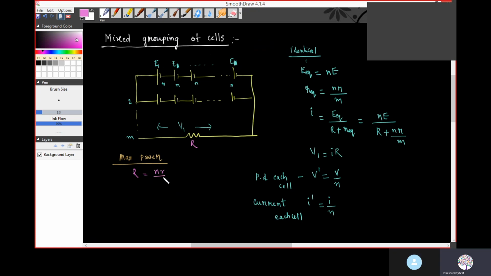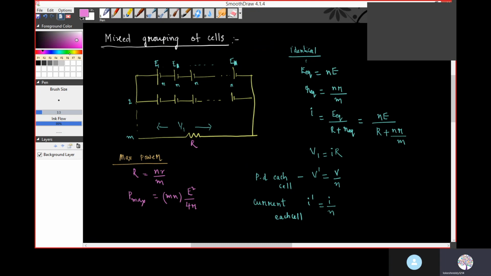Internal resistance is NR by M. So this maximum power is equal to MN, where MN is the total number of cells, into E square by 4R. R is the internal resistance of each cell.